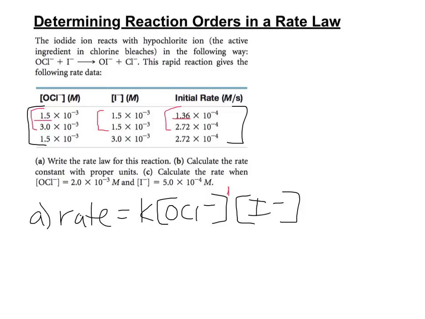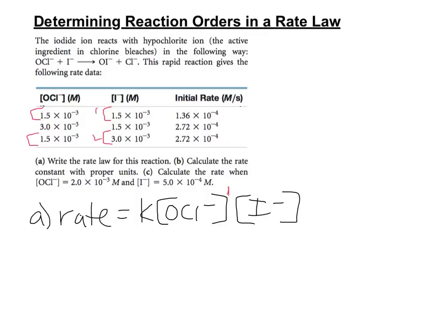Now for the second one, we have to compare the rates when OCl minus stays the same, but I minus is changing. I minus goes from 1.5 and doubles to 3 here.